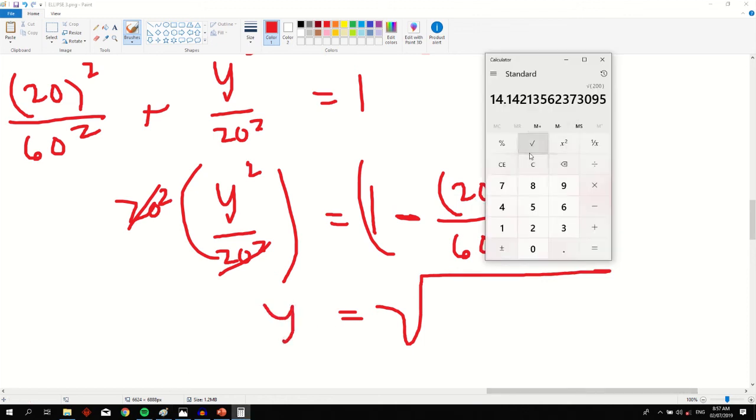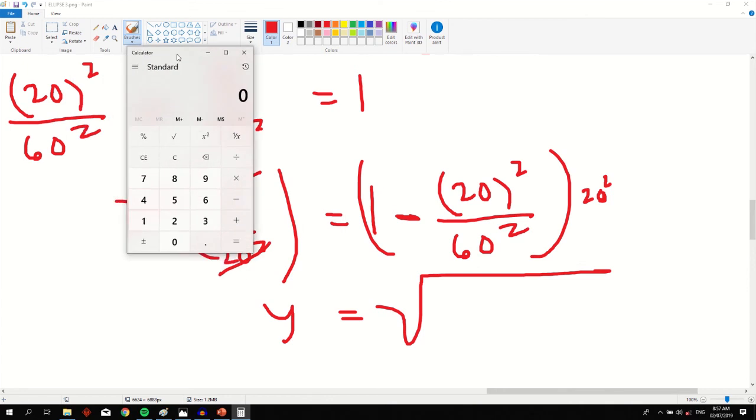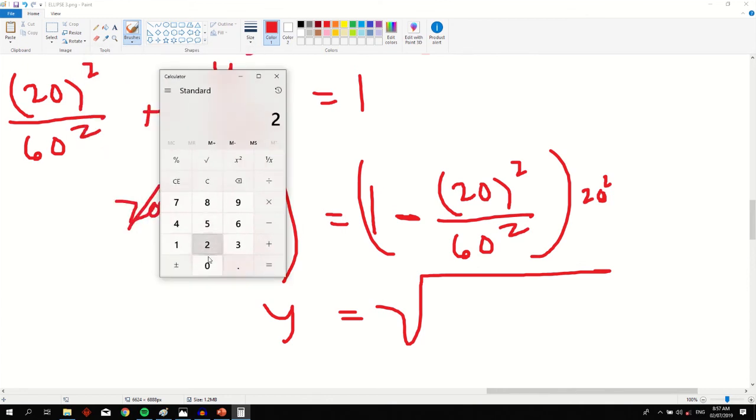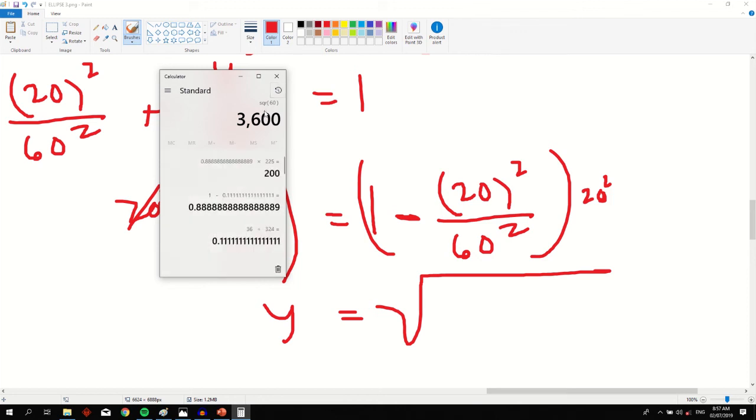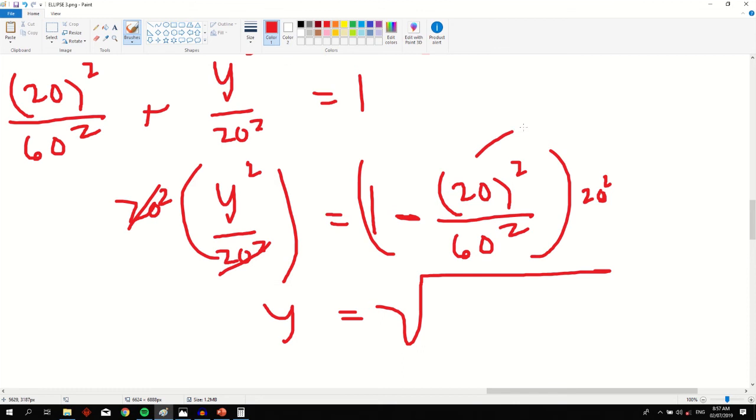Okay, we will use our secret calculator technique. So 20 square equals to 400 over 60 square equals to 3600. Okay, so this is 400 and this is 3600.